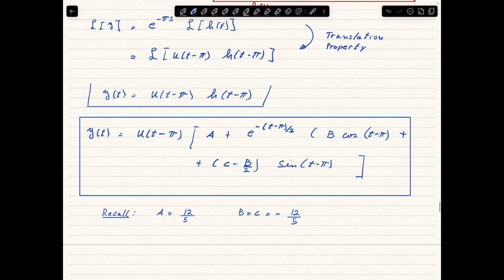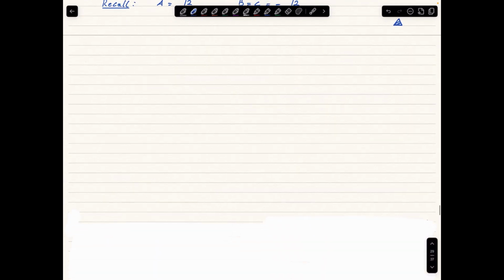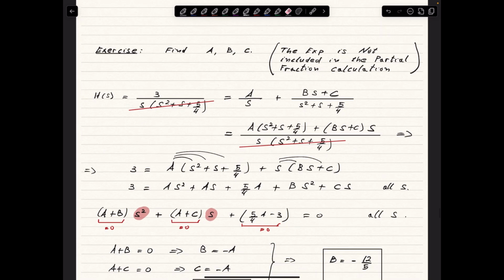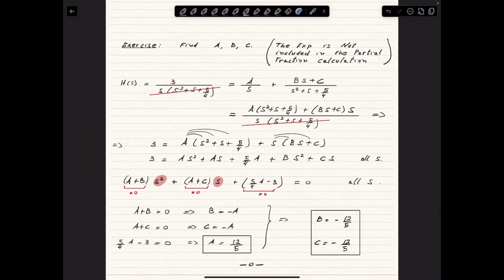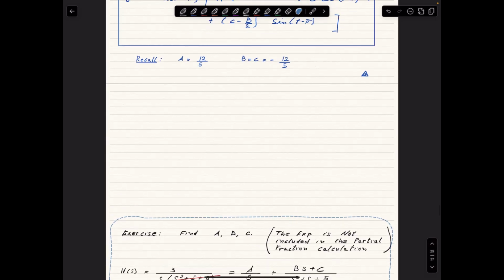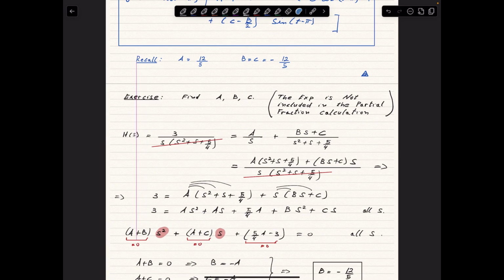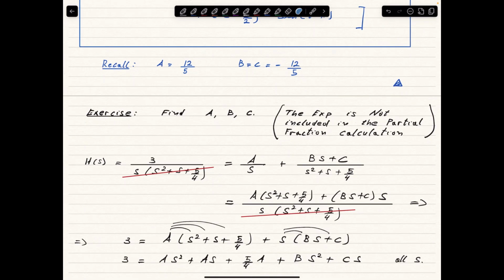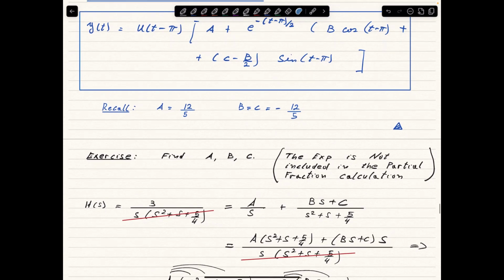So that is our solution. And down here, somewhere here, I have the calculation. I'm going to move it a little bit higher up. This is the calculation to obtain what these constants are, how we obtain those constants. That was the exercise. So you can try to do it yourself and then compare with this calculation.